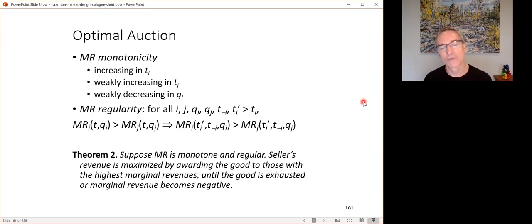Okay, so that's revenue equivalence and optimal auction in a very general environment. Notice I didn't need to assume independent private values. I didn't need to assume symmetry.